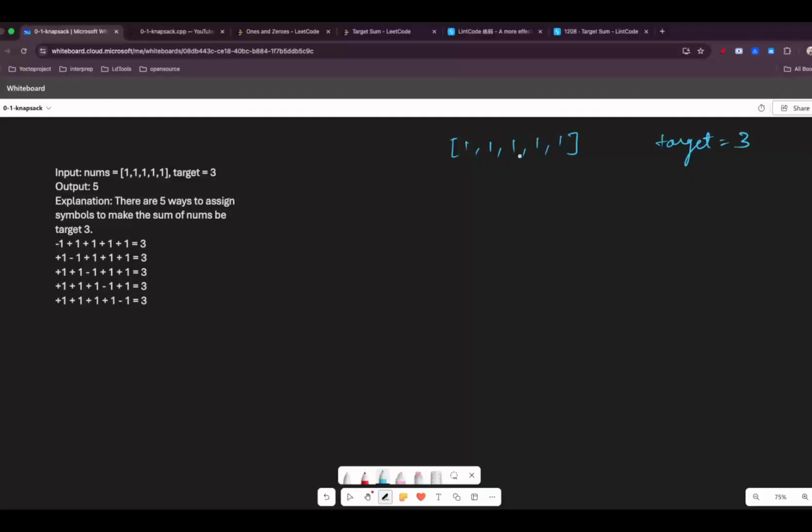When we are starting from this point, either we need to choose it, so we will be adding, or we don't want to choose it, basically we are subtracting. After this point we are left with these 4 ones.